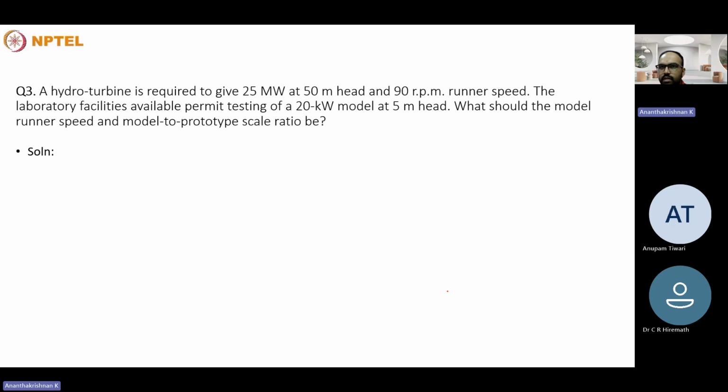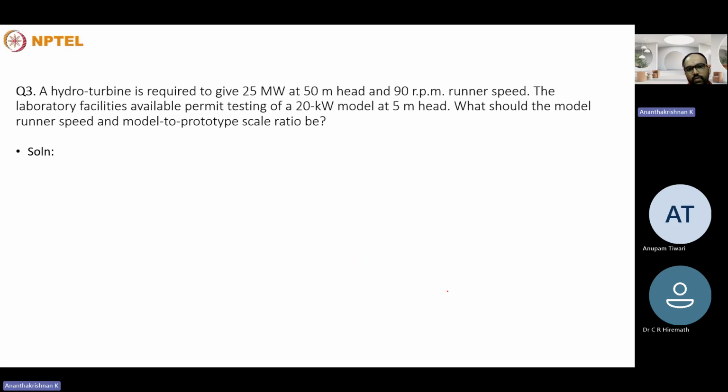It could be established as a dimensionless parameter that takes into consideration the speed at which the turbine, the model or the prototype, rotates, the power which it consumes, and the head associated with the fluid flow. So these three parameters are the most critical ones, and these three parameters can be coupled to bring a dimensionless parameter called the specific speed. Yes, right. It's a specific speed ns.